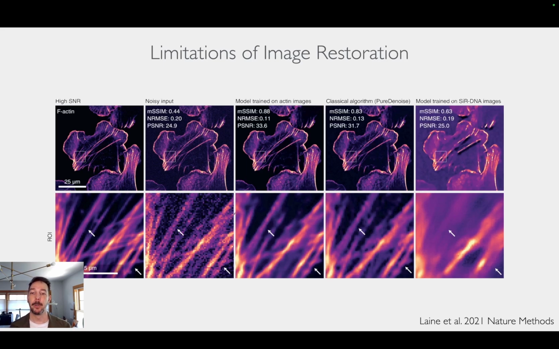And so when you apply a network that's been trained on a set of images with a specific set of features or a specific magnification, and you use that on a new set of images that don't match those parameters, you can expect it to hallucinate features that don't exist, or start to hallucinate away features that are of interest, or just perform very poorly. So always train these networks for a specific purpose and use them just for that purpose, and keep that in mind for both the restoration and for the segmentation.